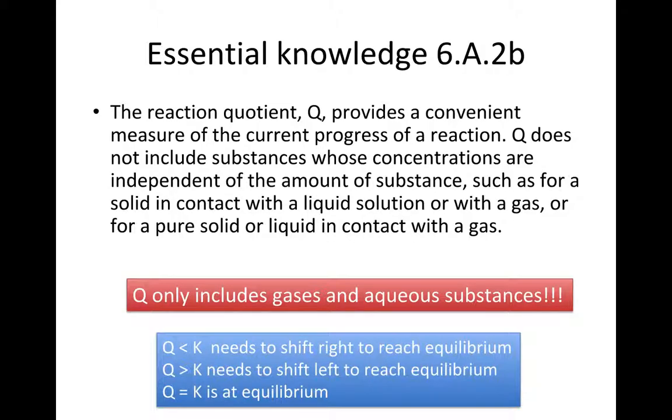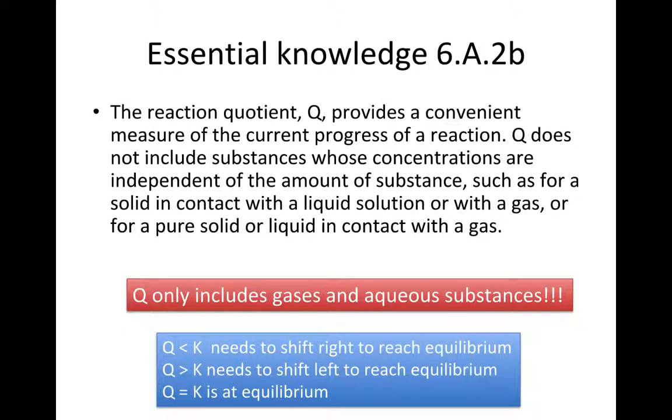aluminum has a density of 2.7 grams per cubic centimeter and a molar mass of 27. So that means a liter of aluminum is going to weigh 2.7 times 1,000, so 2,700 grams. 2,700 divided by 27 is 100 moles per liter.